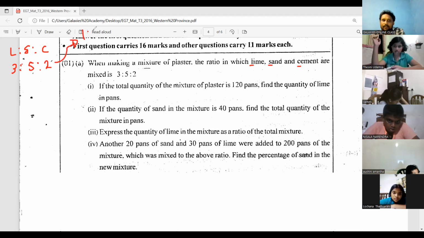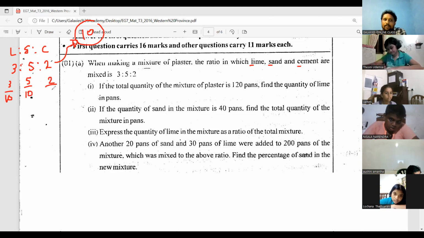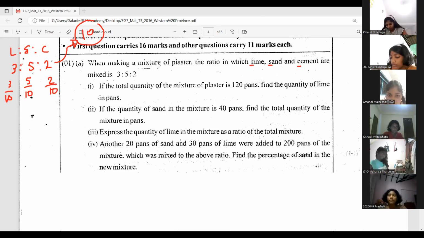Right? There are 10 parts of the mixture. As a fraction, I can say lime has 3 over 10, sand has 5 over 10, cement has 2 over 10. Okay? Right.